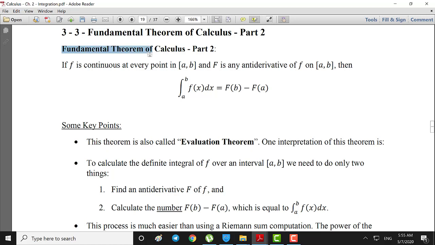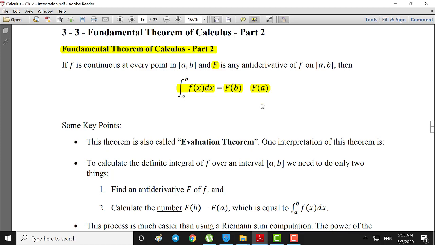The fundamental theorem of calculus part 2 says that if f is continuous at every point in an interval from a to b, and capital F is any antiderivative of f on that interval, then the integration from a to b of f of x dx is equal to the antiderivative of f evaluated at the upper limit minus the antiderivative of f evaluated at the lower limit, right?